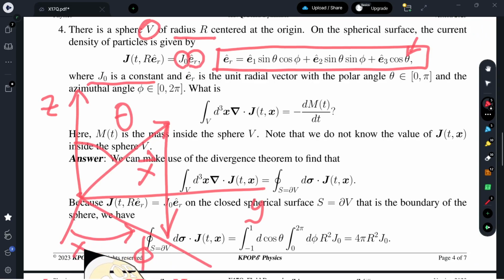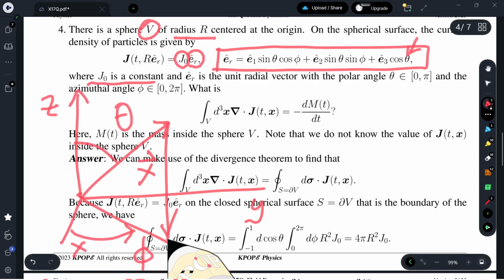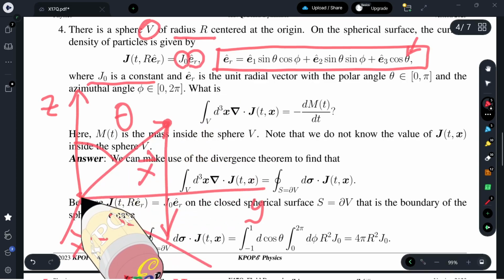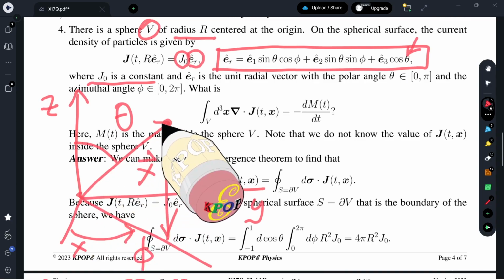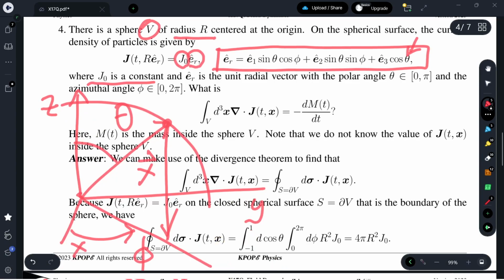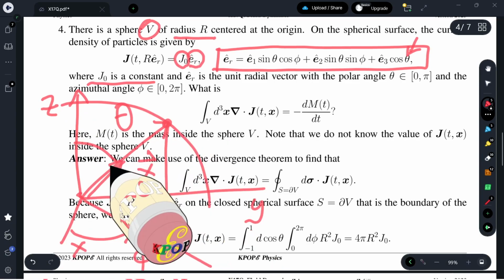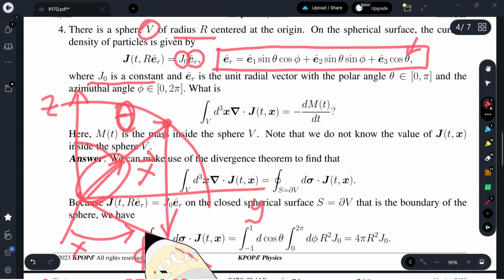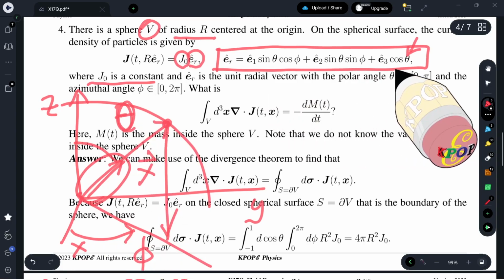Any unit radial vector on the spherical surface is parameterized by the polar angle and azimuthal angle in this manner.